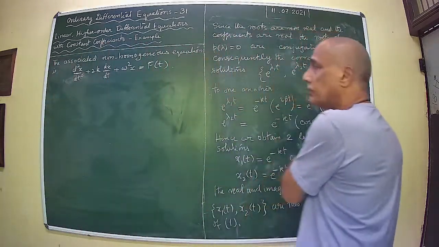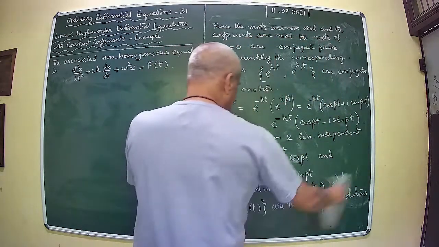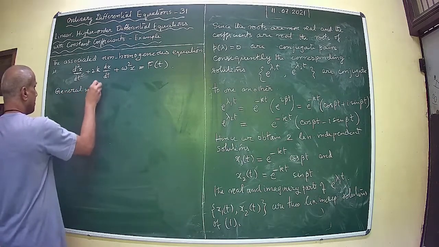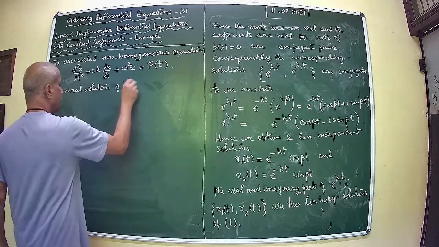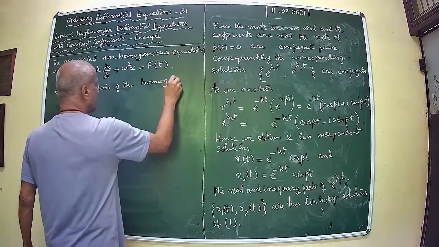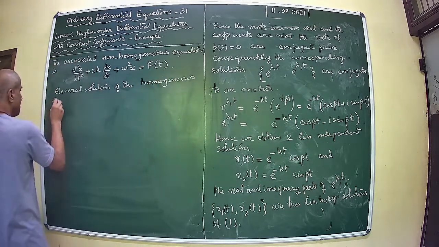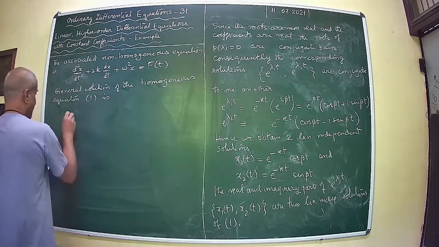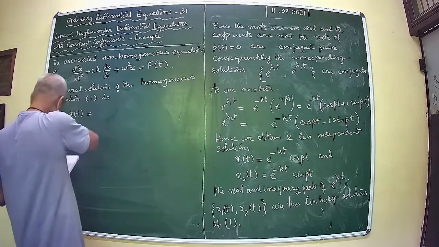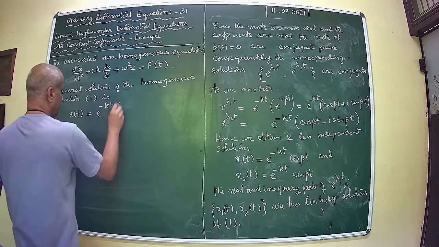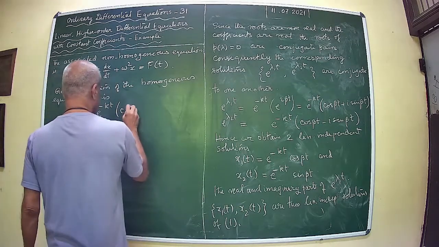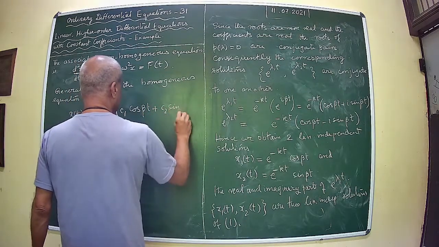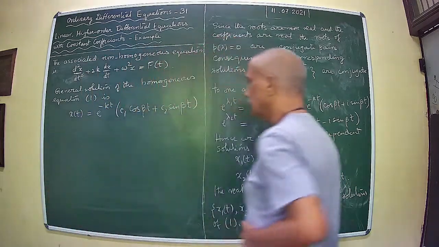So how do we get a particular integral to the problem? So the general solution of the homogeneous equation is this, this is the general solution.